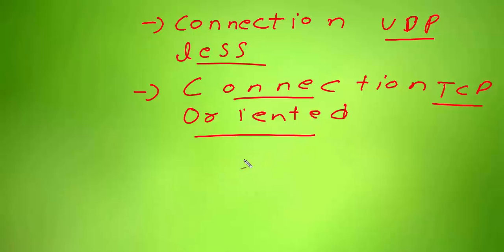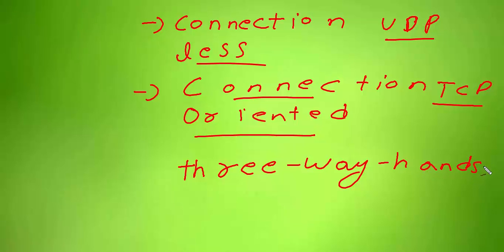So for reliable communication, the system first needs to make a connection oriented session between each computer. That is called a three-way handshake.